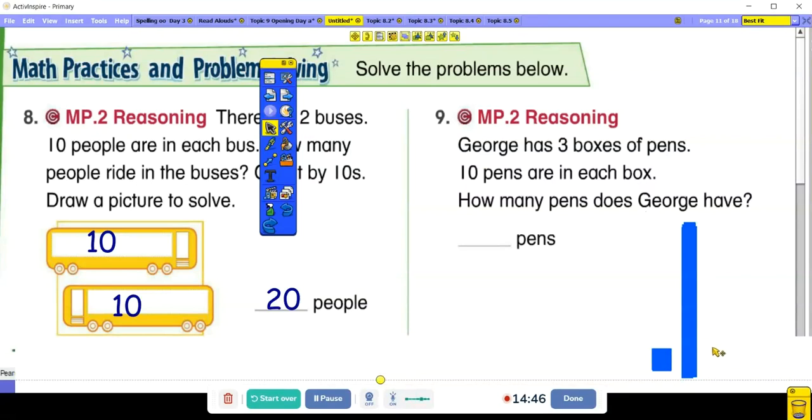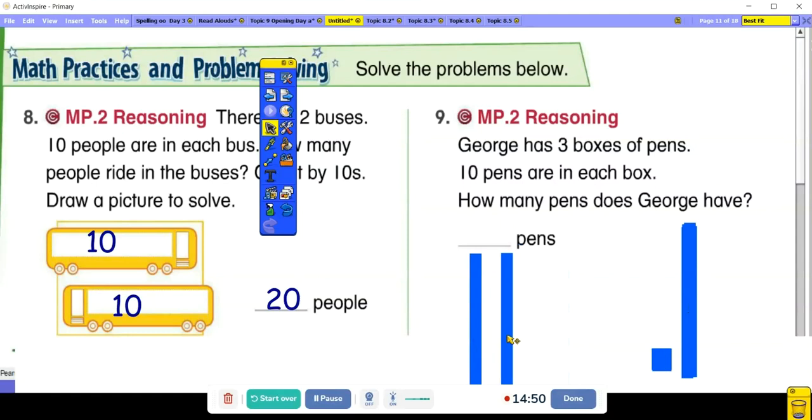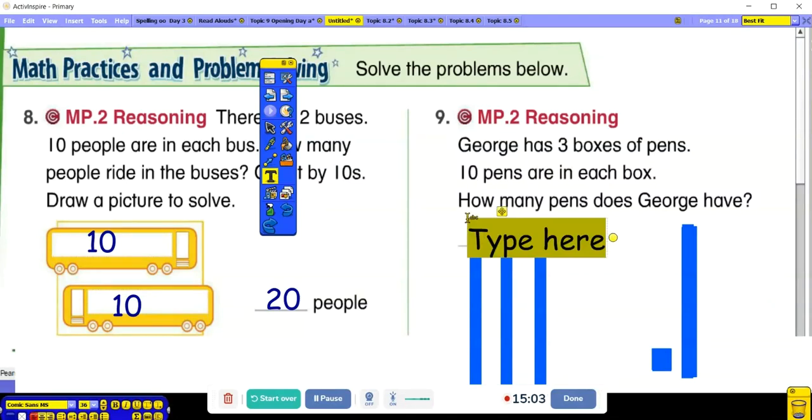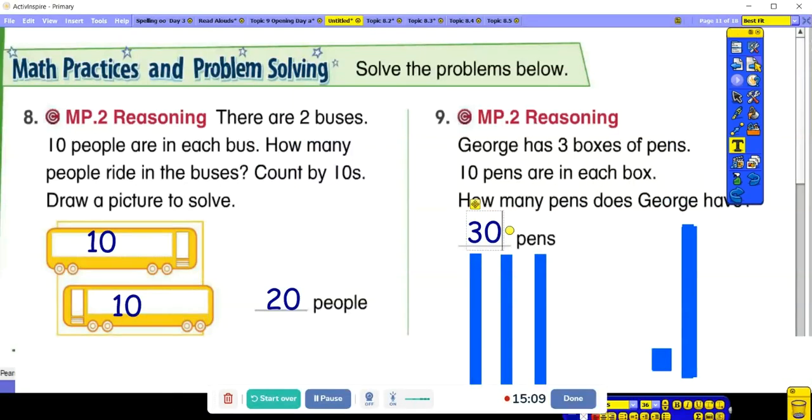So I'm going to use my 10 rod here, and I'm going to show 1 box, 2 box, 3 boxes, and if they each have 10 in it, I can count by 10s. 10, 20, 30. So I know George has 30 pens. Excellent job.